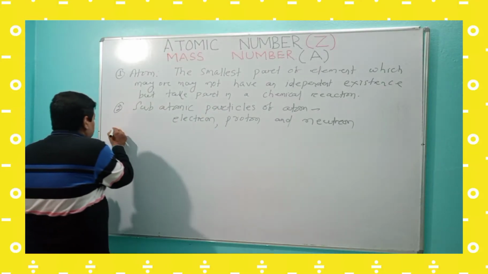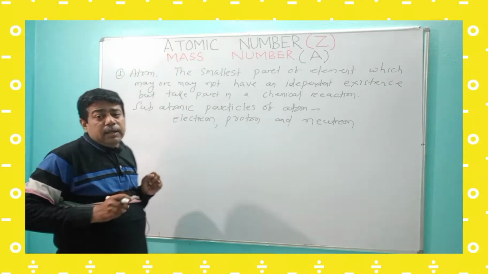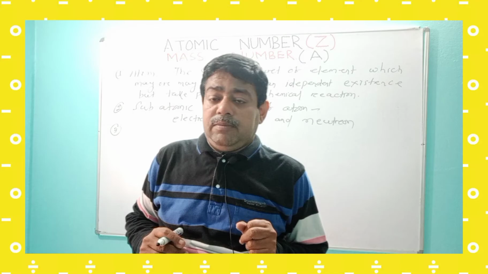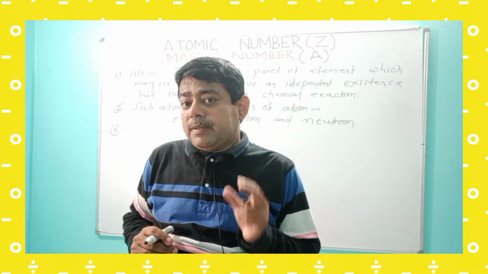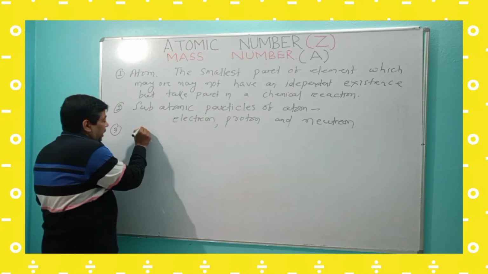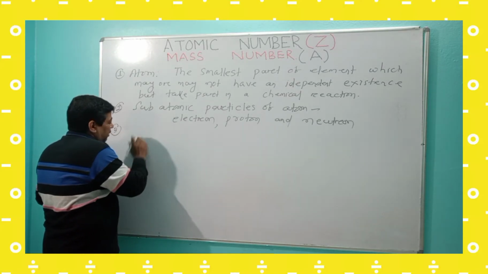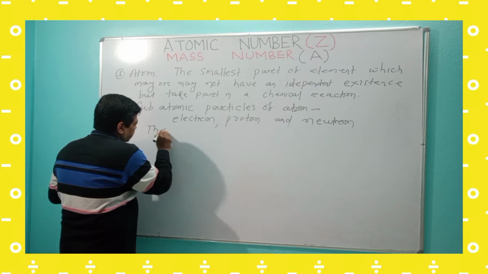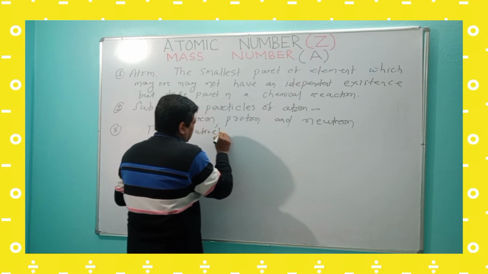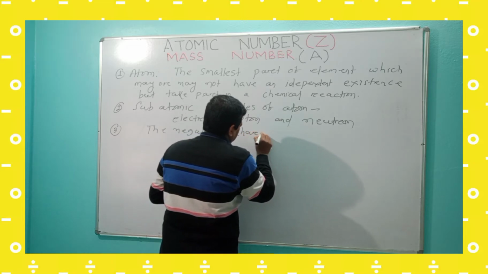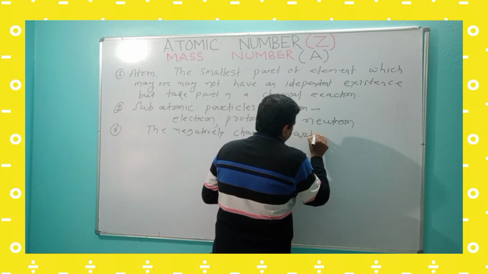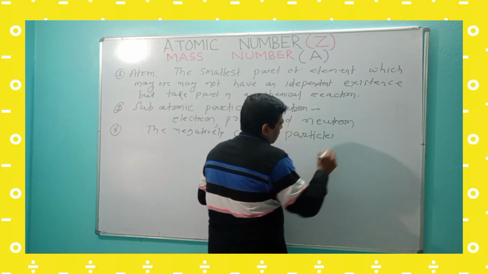According to this, electrons are the negatively charged particles of the atom. The negatively charged particles of the atom are called what? Electrons. Yes, the electrons are the negatively charged particles of the atom.